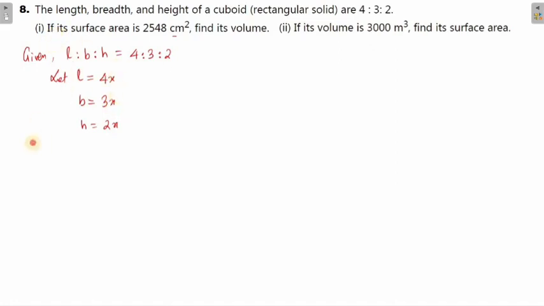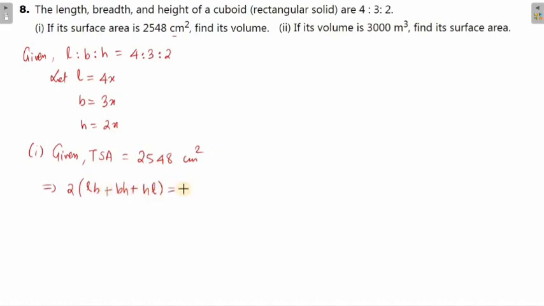So for number one, the question has given you the surface area, that is, the total surface area, given as 2548 centimeter square. Now what is the formula for total surface area? It is 2 into (LB plus BH plus HL), isn't it?